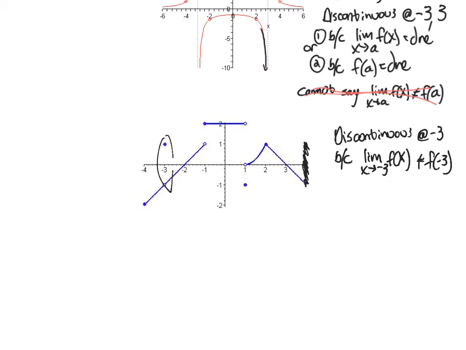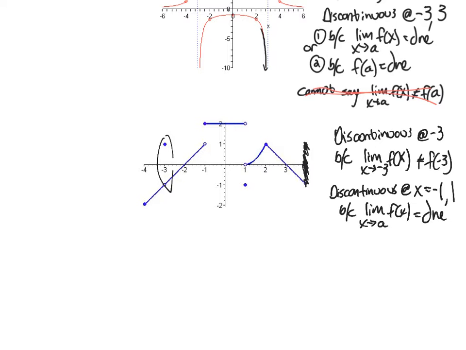It also looks like it's discontinuous at x equals -1 and +1 because the limit as x approaches a of f of x equals DNE. If you wanted to write that twice and say the limit as x approaches -1 equals DNE and the limit as x approaches 1 equals DNE, that's fine.